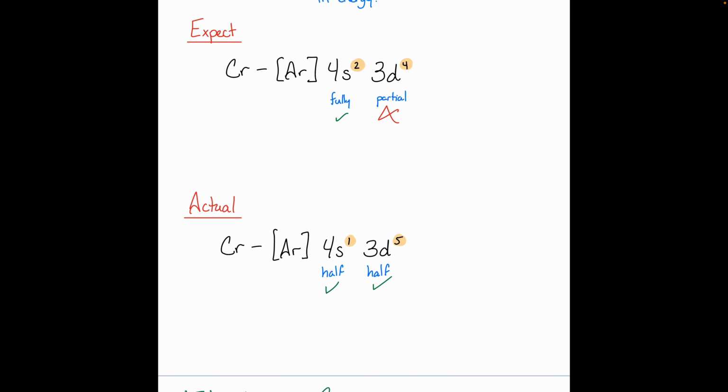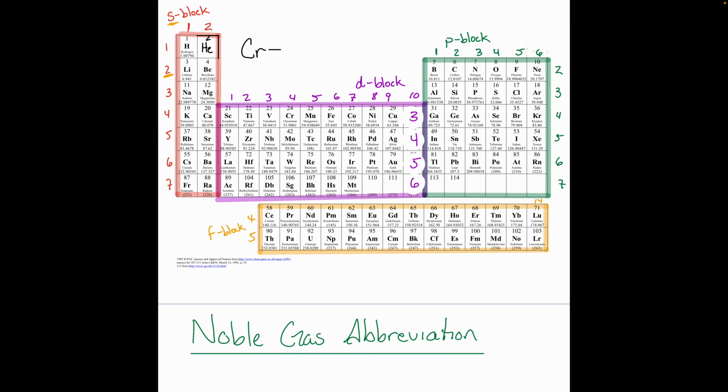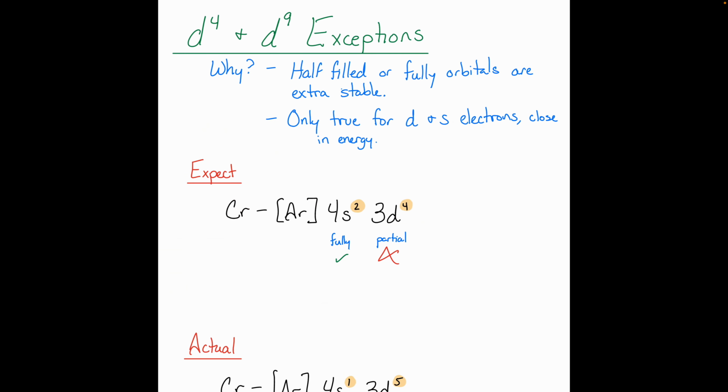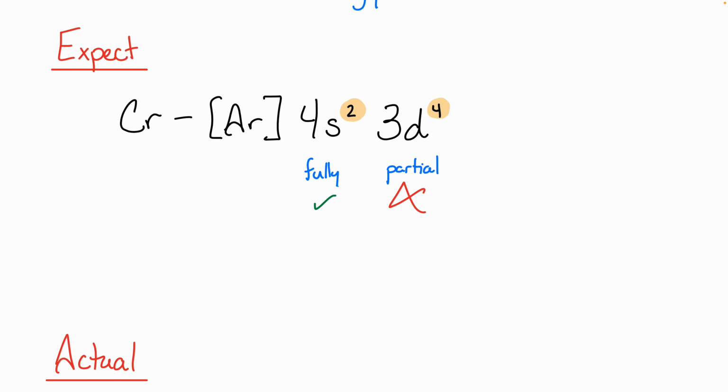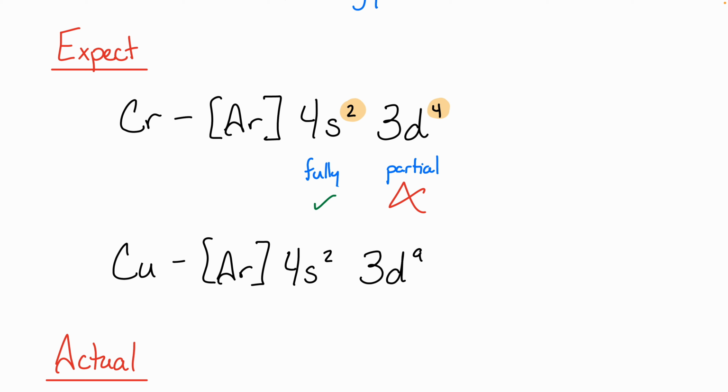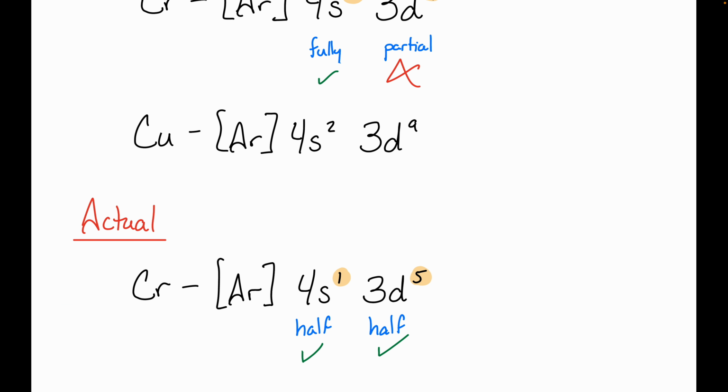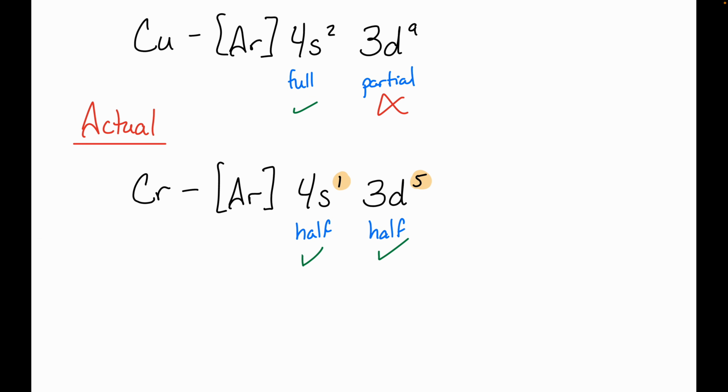If we take an example from that d9 set of elements, we'll just do copper. We would expect copper to be argon 4s2 3d9, where one's full, but the other's partial. Instead, what is copper going to do?